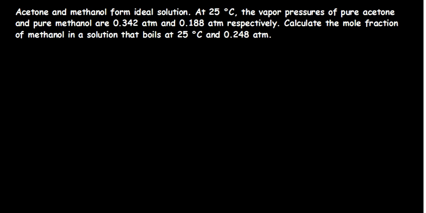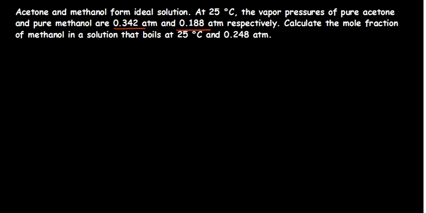So we have a last question under vapor pressure. Acetone and methanol form an ideal solution. So at 25 degrees Celsius, we've been given the vapor pressures of acetone and methanol respectively. We need to determine their mole fractions. So this is a question we've looked at already.